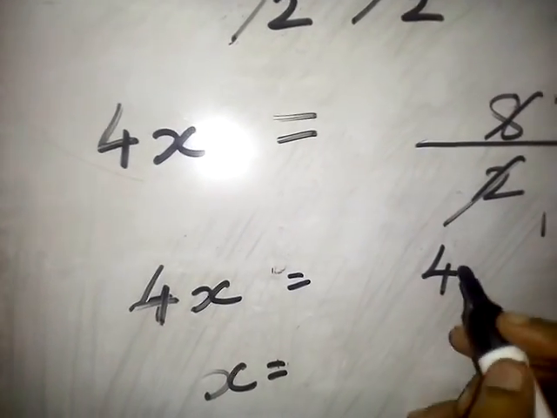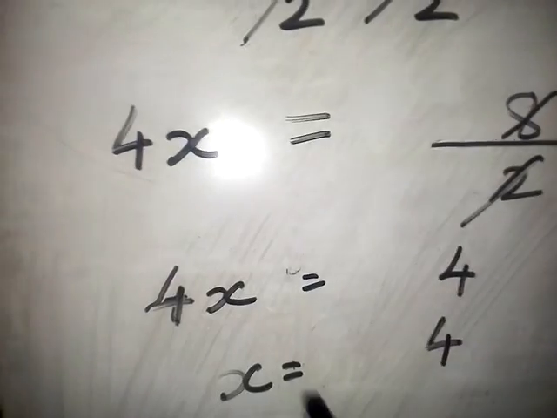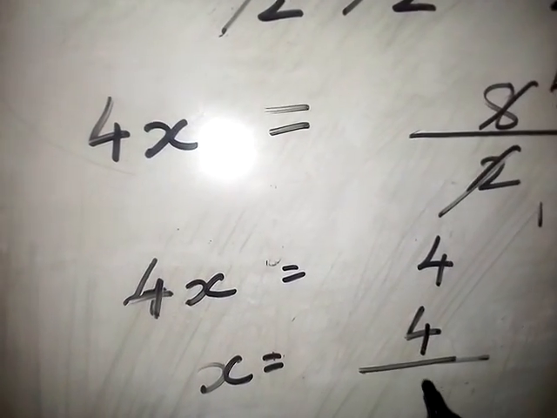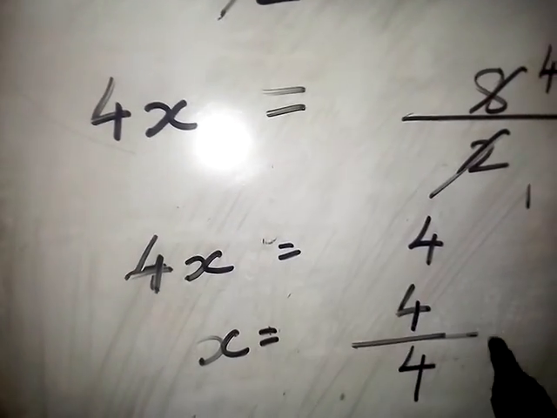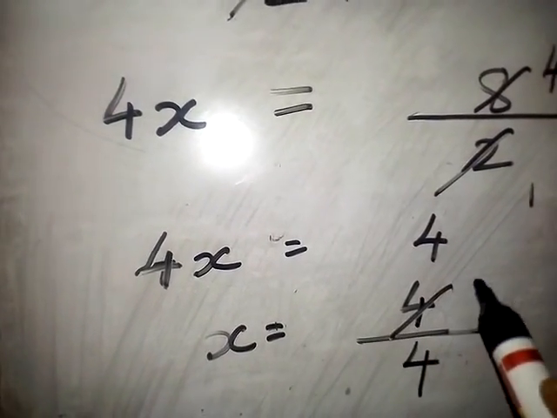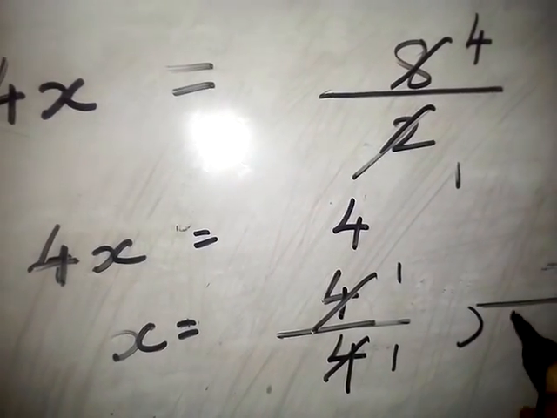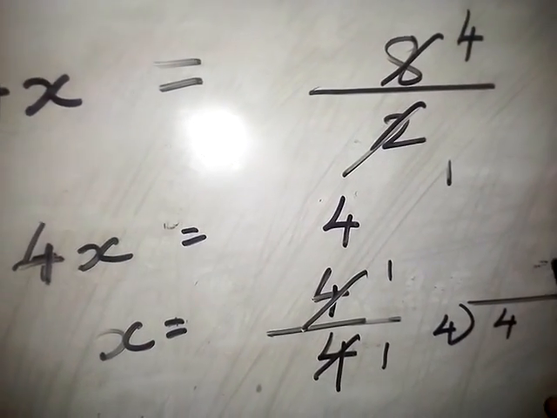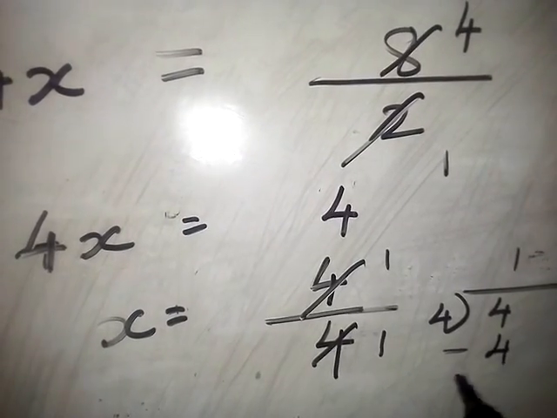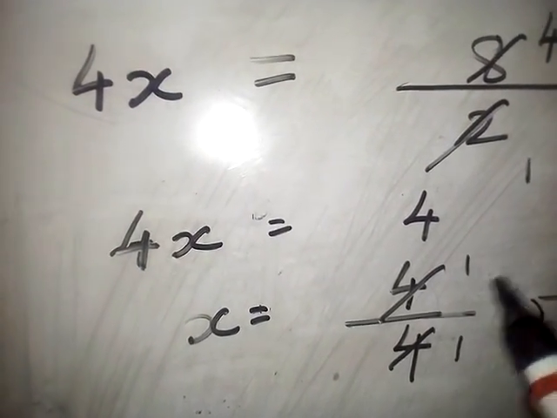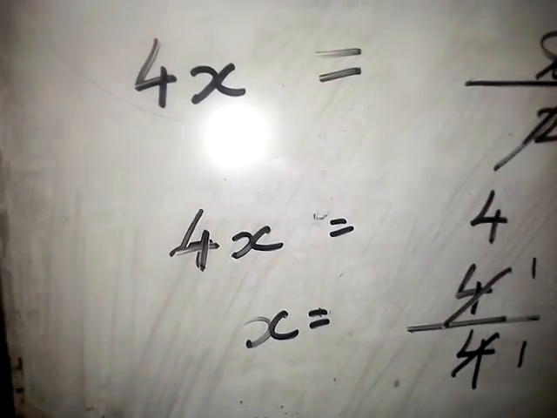X is equal to 4, and the 4 on the left side will go to the denominator. 4 upon 4, 4 ones are 4. When you divide 4 by 4, your quotient is 1, so when you cancel here, the answer is 1.